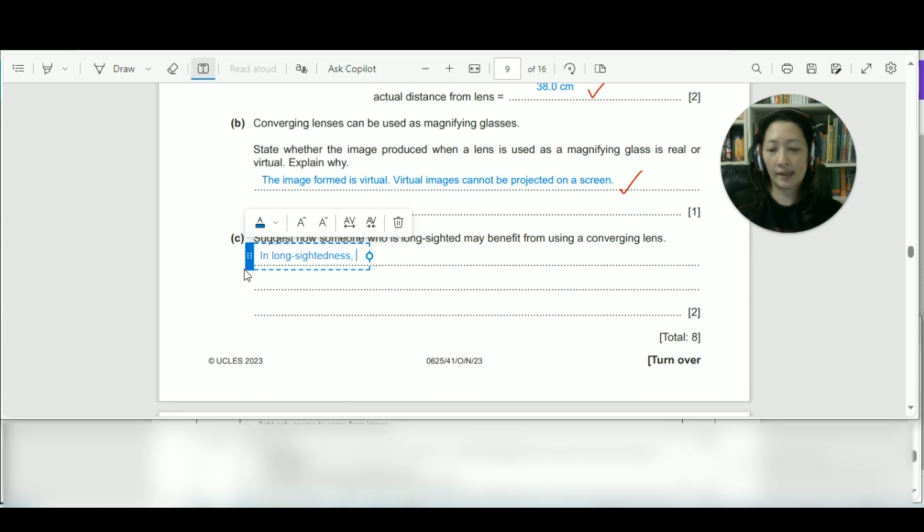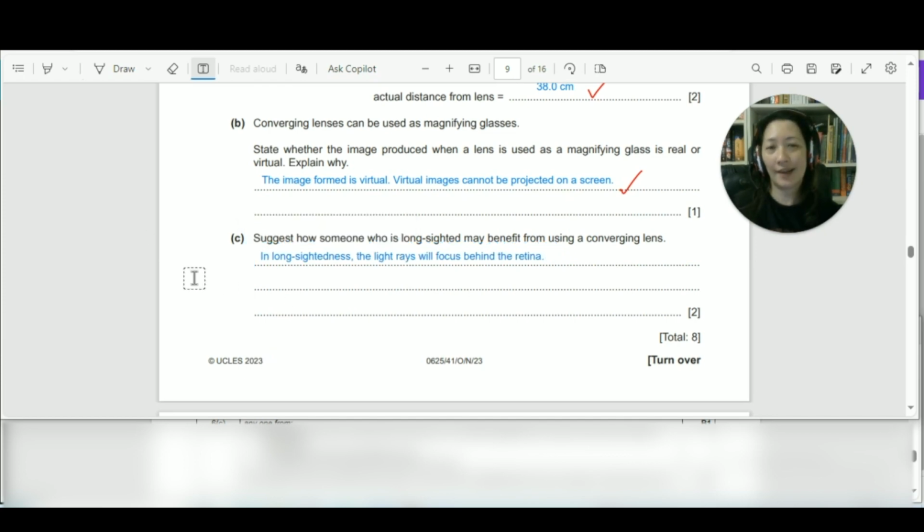So in long-sightedness, the light rays will focus behind the retina. So how the converging lens can fix the long-sightedness is by focusing the light rays forward so that the image can be formed on the retina or the back of the eye.